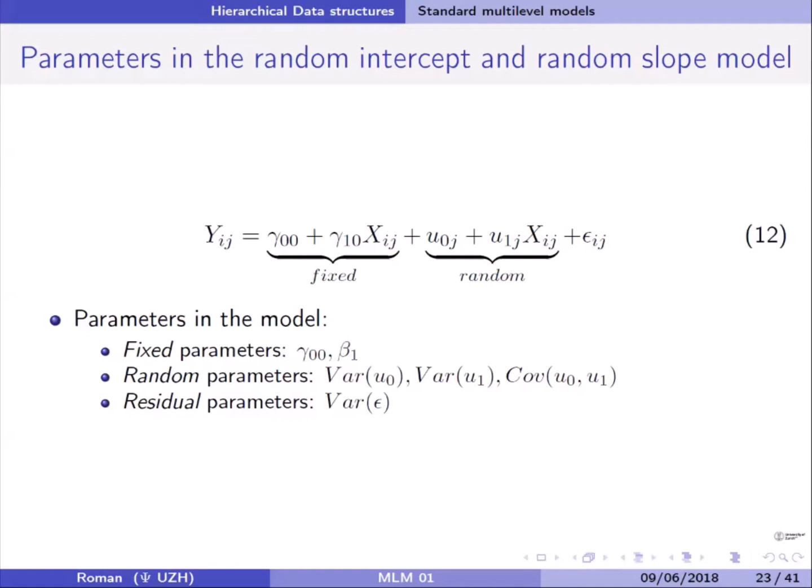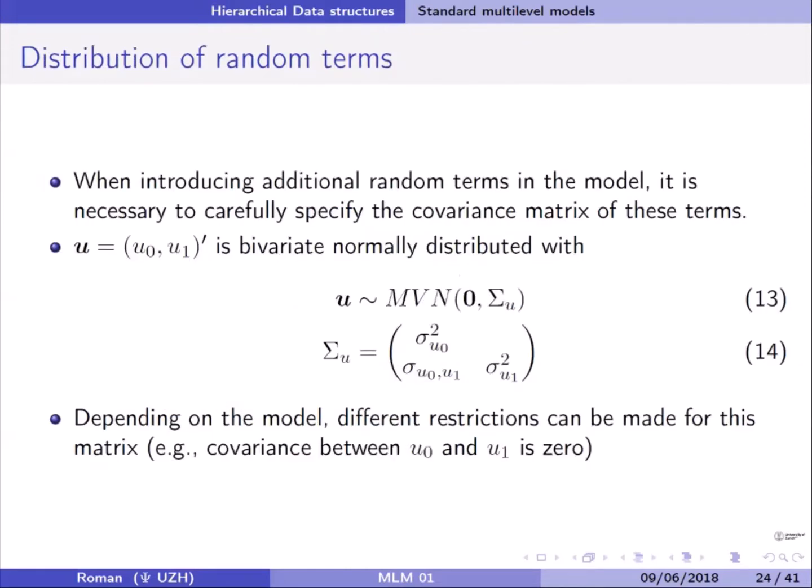The random parameters, variance of U0, variance of U1, and covariance between U0 and U1, are now random parameters in the model, and of course our residual. Now I haven't introduced this idea of the covariance between the random effects, but we'll get there soon. While this is not shown in the model, it is typically estimated and very informative. So when introducing additional random terms in the model, it is necessary to carefully specify the covariance matrix of these terms.